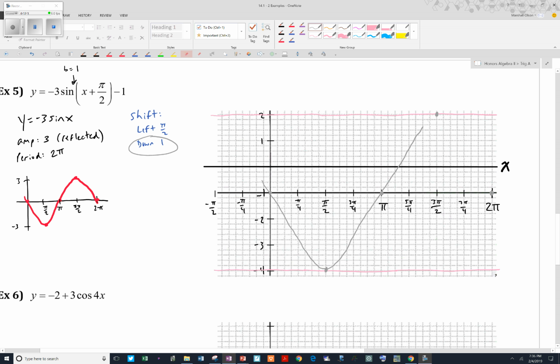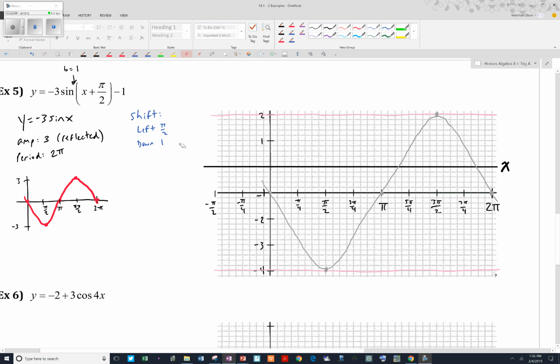Just a little sketch of what it looks like before it gets shifted left to right. Okay, and I didn't put my square root of 2 over 2 points in yet, but I will when I do my final graph right there. Like I said, that gray graph I just drew is not necessary, but I think it's going to help show how this thing is shifted left to right.